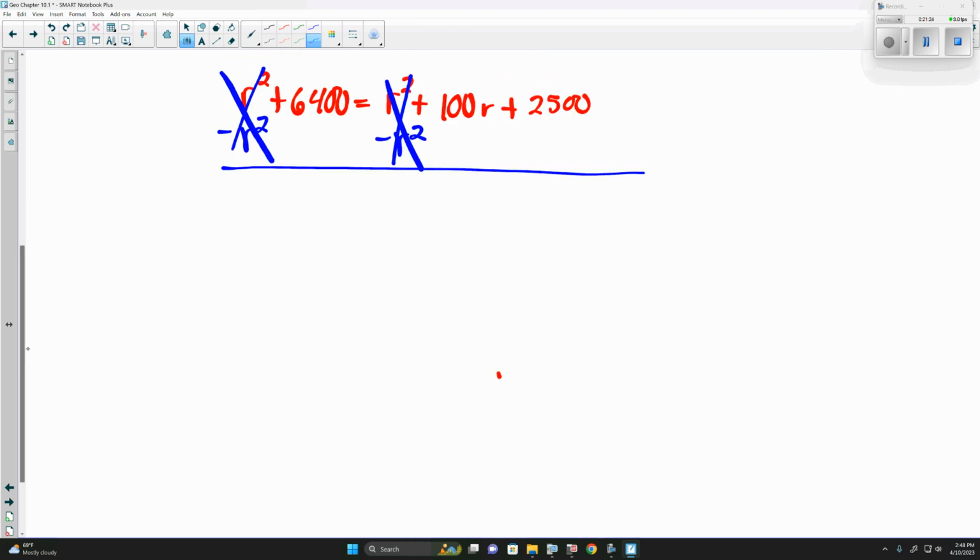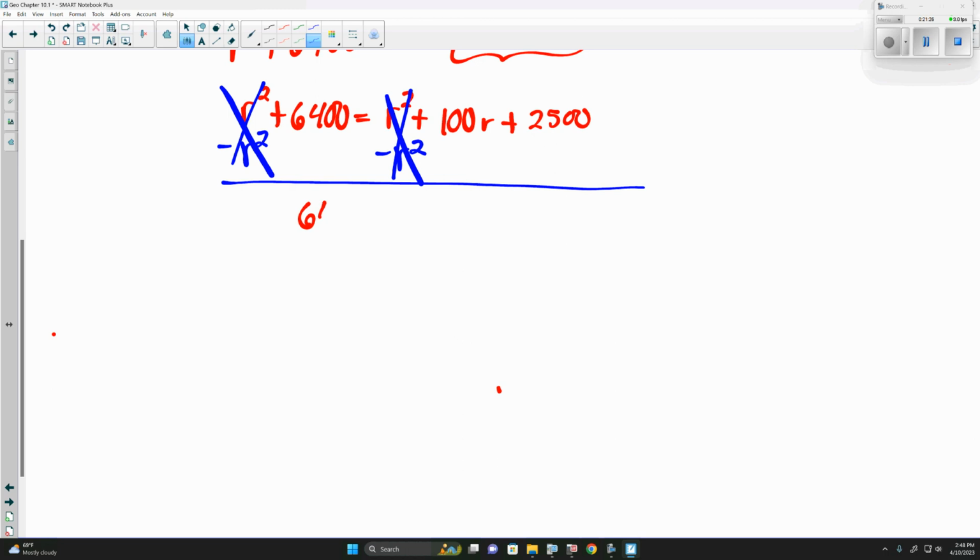So what we're left with is 100r plus 2,500 is equal to 6,400. Yes, and this is why I said this one works out kind of nicely, because our r squared terms cancel out on both sides. So we're left with this here.